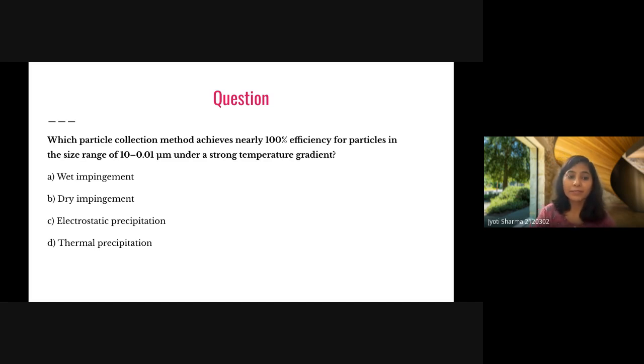Pradeep gave me D answer, that it is thermal precipitation. Yes, I also agree with this because this is under temperature gradient.